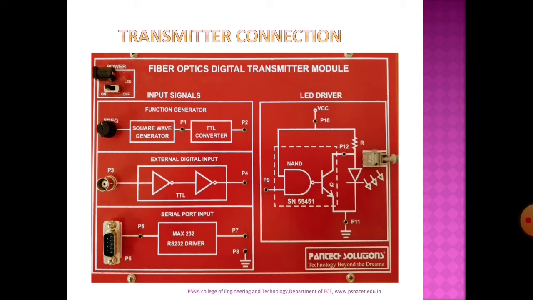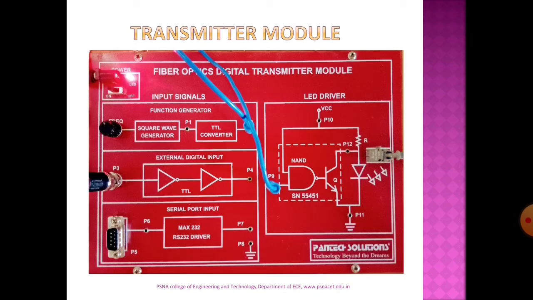The next part will be the LED driver. With respect to the signal from the function generator, the LED will generate a light signal and it is given to the optical connector. The connection setup is shown in the image, you can see.